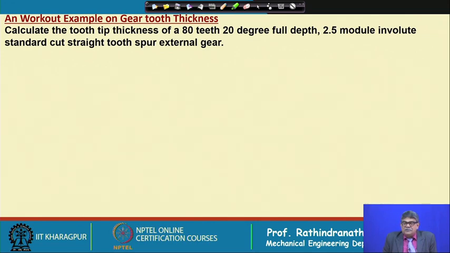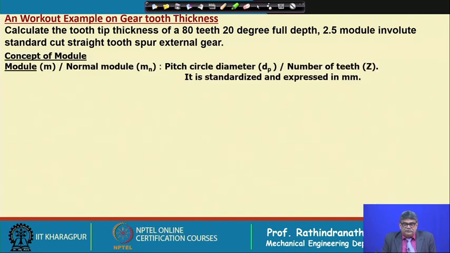Full depth means the addendum is 1 and the dedendum is 1.25. So, we have to calculate the tooth thickness at some point. In this case, we have to find out the tip thickness at the tip.